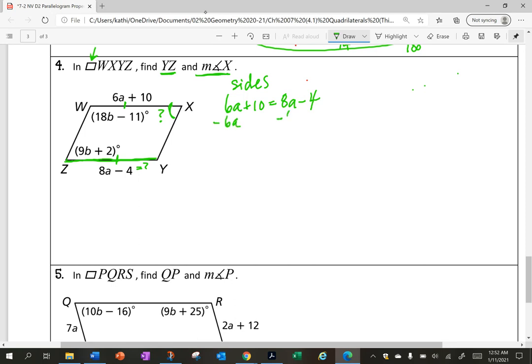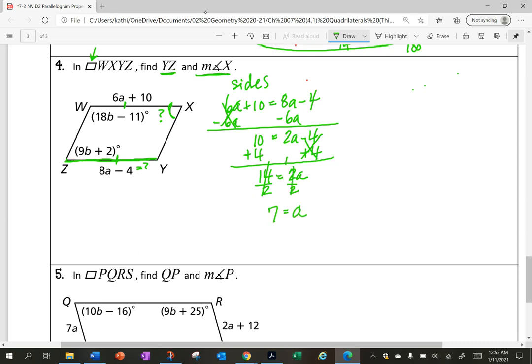So I'm going to subtract 6a from both sides. So 10 equals 2a minus 4. I'm going to add 4 to both sides. So 14 equals 2a. I'm going to divide by 2. And I get a equals 7.